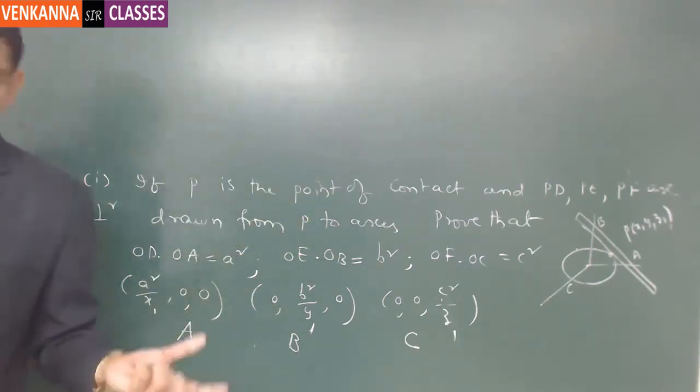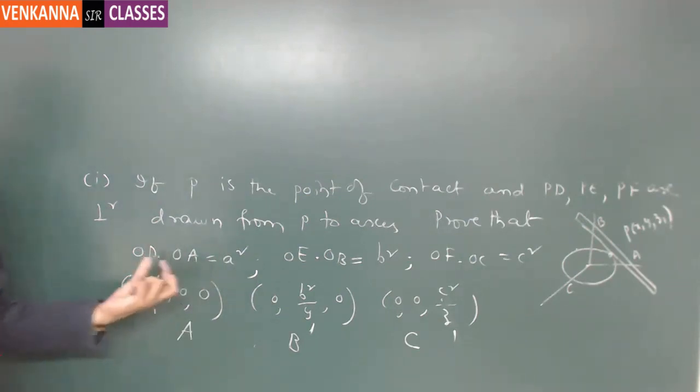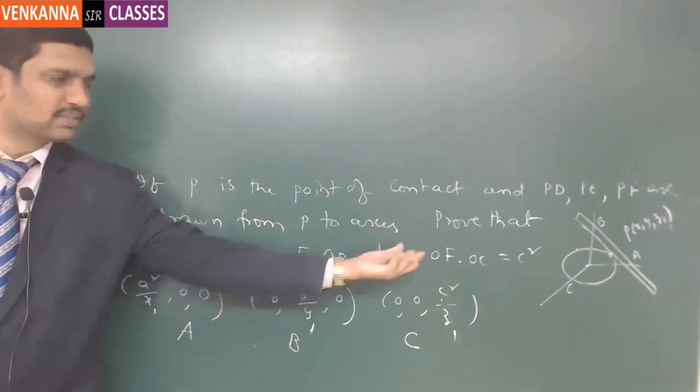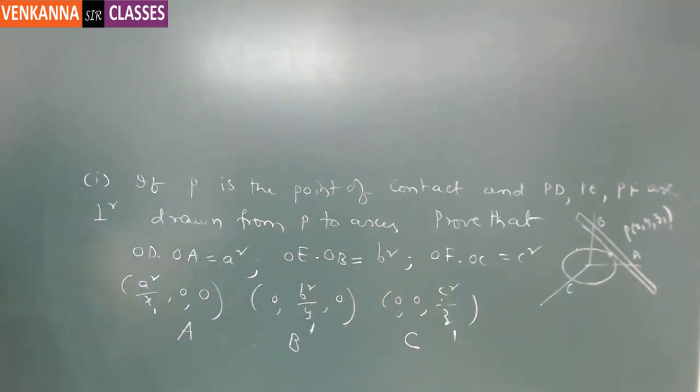So you have to prove that the values will come as OD into OA equal to a square, OE into OB equal to b square, like that. Okay. That was the second part.